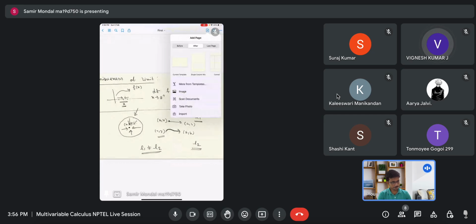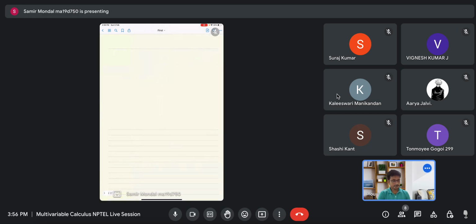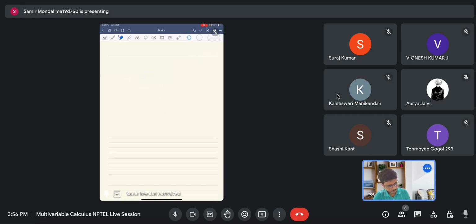Okay, take one example. f(x, y) equals (x square minus y square) by (x square plus y square) when (x, y) is non-zero.